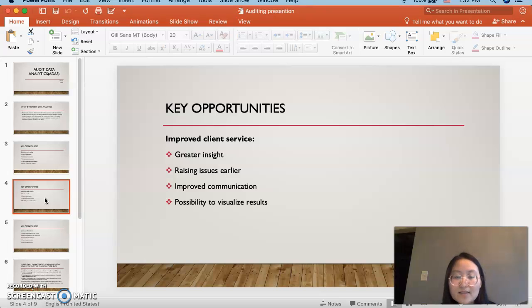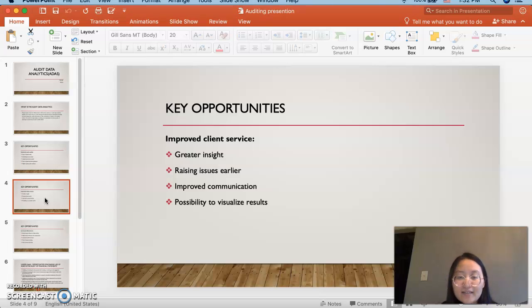Audit data analytics helps auditors to gain a better understanding of their business and provides further insight into the risk and control assessment.